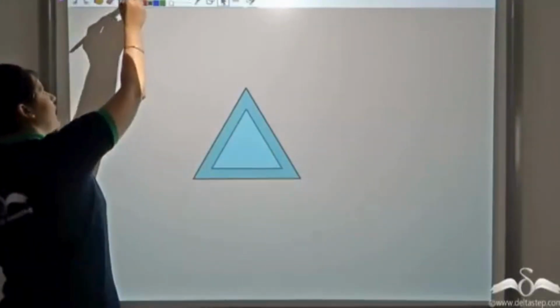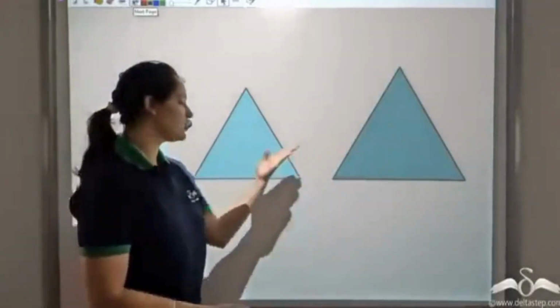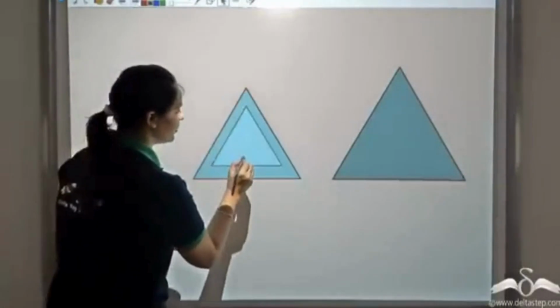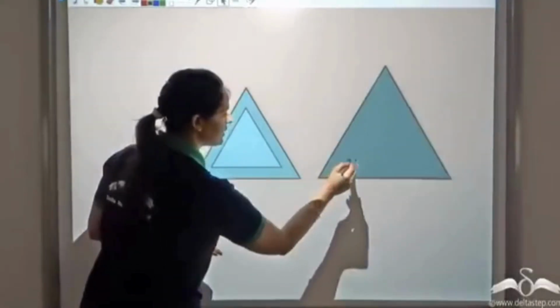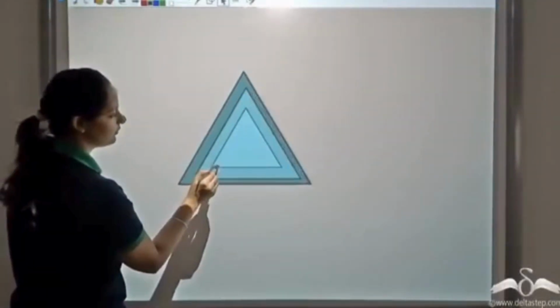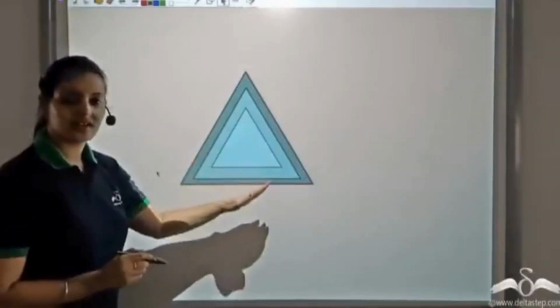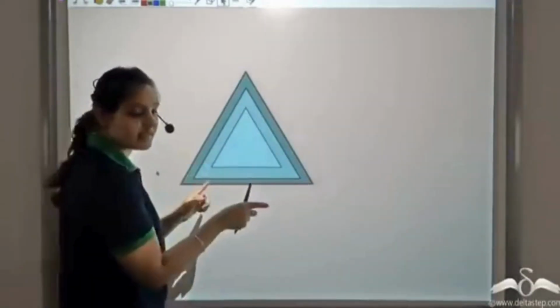Now, I make another triangle, which is larger than this triangle also. Again, you can see that you can put one inside the other, shape being the same. So the shape of all these three are the same, only difference is the size.